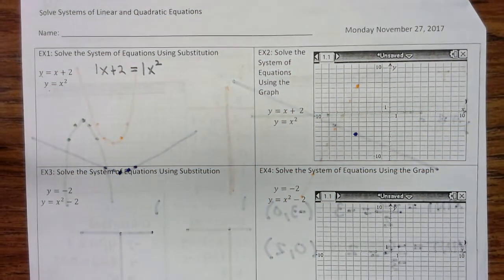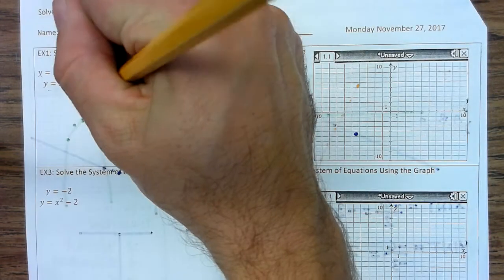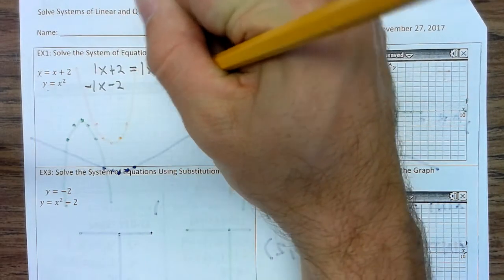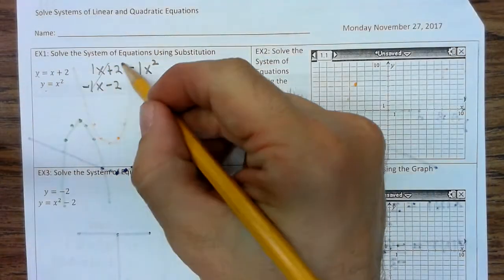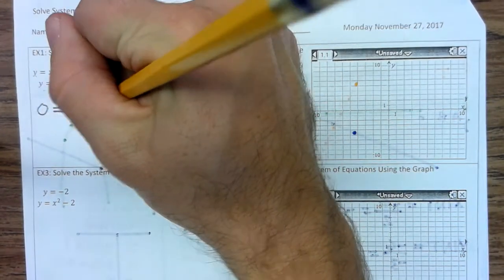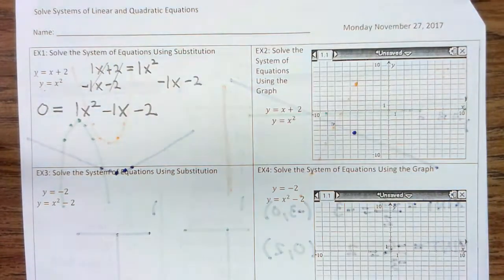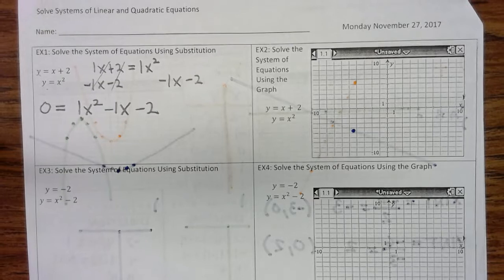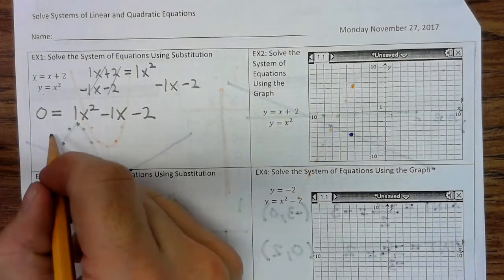If you have an x squared, you need to move everything to one side and factor and solve. So in this case, we're going to subtract 1x and subtract 2 from both sides. We get 0 equals 1x squared minus 1x minus 2. At this point, we're going to factor, so draw a box.